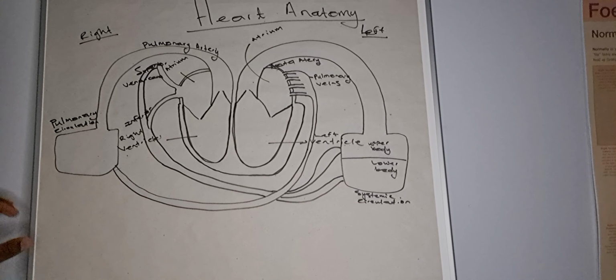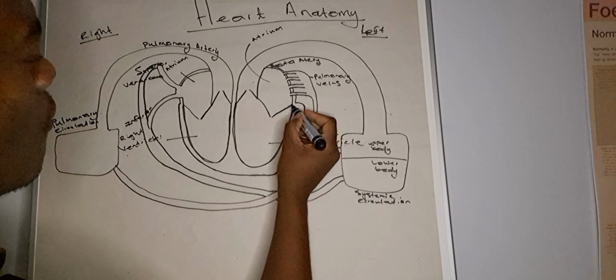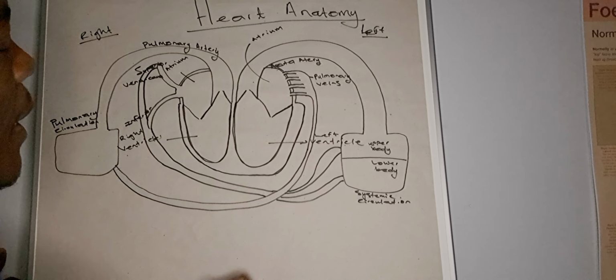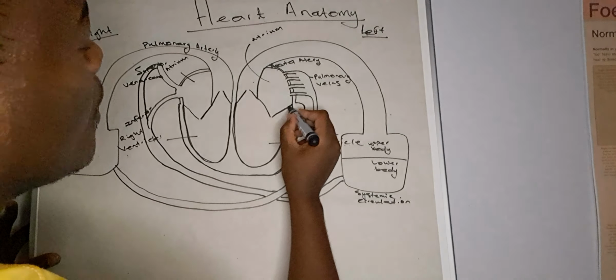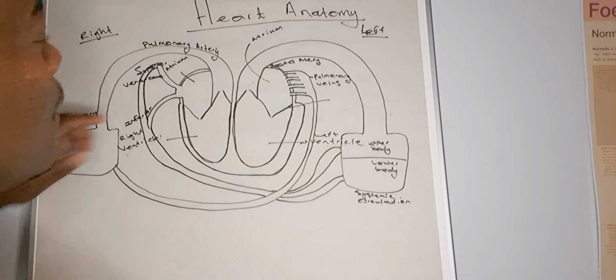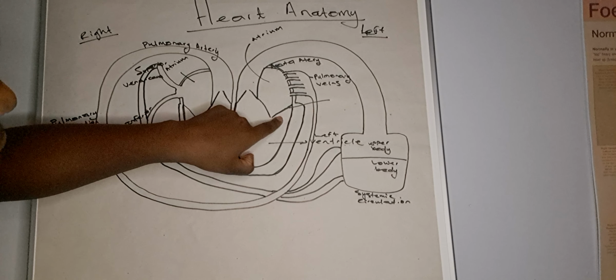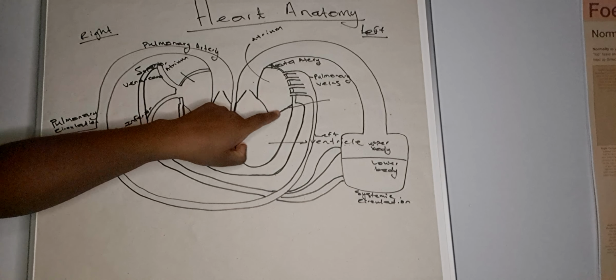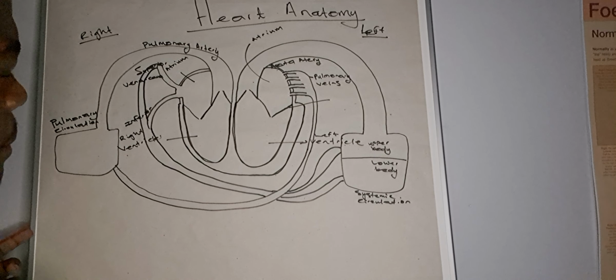The question is now, what is this? This particular valve pointing down the vein, we call it the atrioventricular valve. But when we say it like this, in case of injuries and diseases, we will not be able to heal you or give you the cure, the medication.